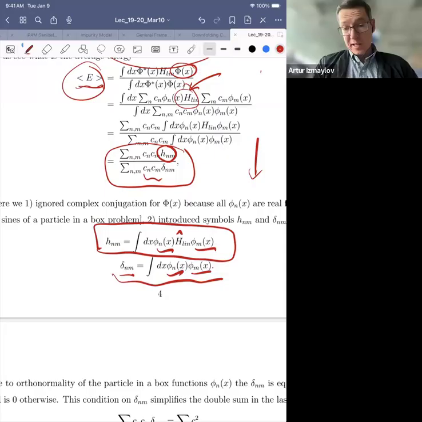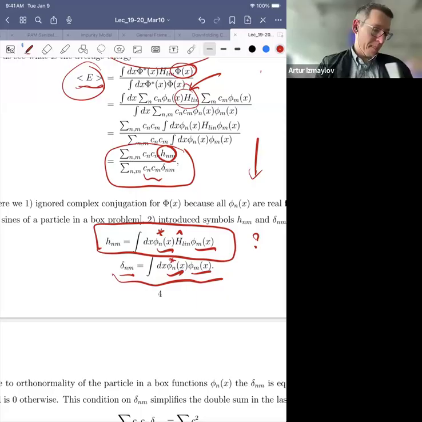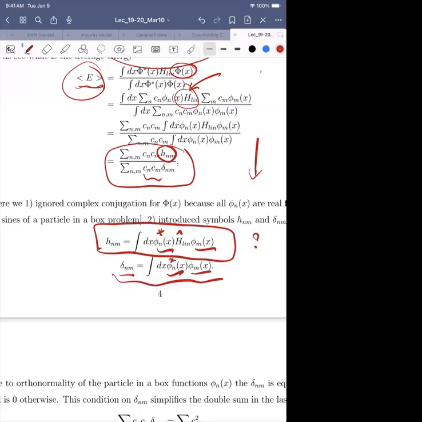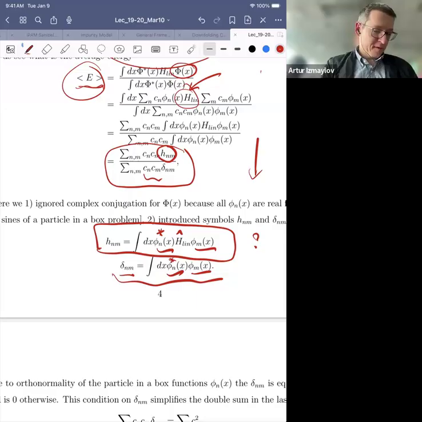If you don't have questions, why don't we have complex conjugate stars in the definition of the matrix elements? Why do we ignore conjugation? Is it because they're guaranteed to be real numbers? Yes, this is what is written right there.